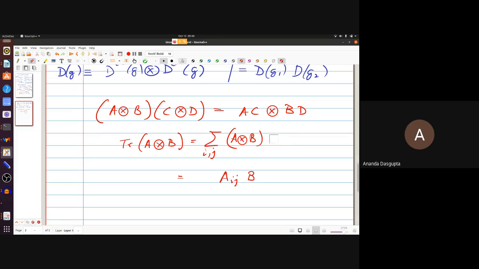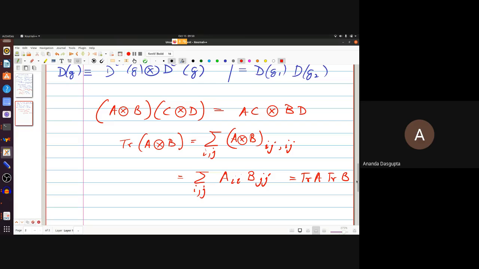What you need to take is a diagonal element of A cross B, which is actually (ij, ij). ij is a single row, remember? And you have to take it from the same column. So ij is one row, ij is the corresponding column. So this is what you need to do, and sum over both i and j, of course. So this works out to be A_ii B_jj. That's how the direct product matrix is calculated, sum over both i and j. So this really is trace of A times trace of B.